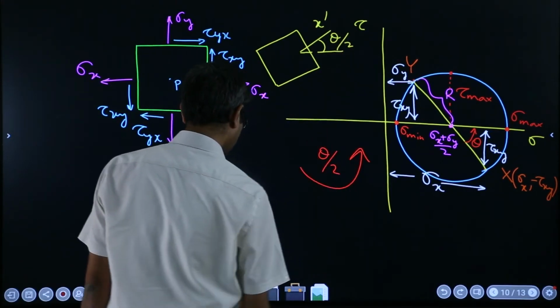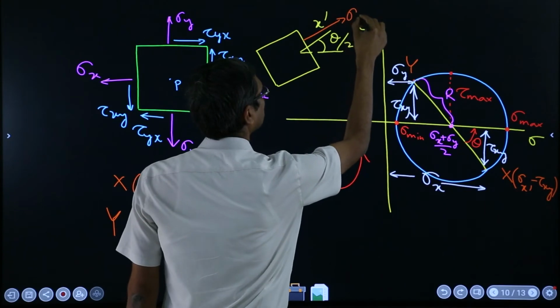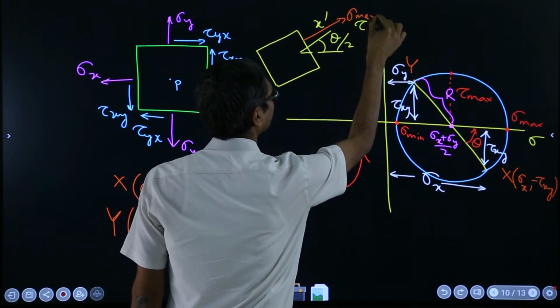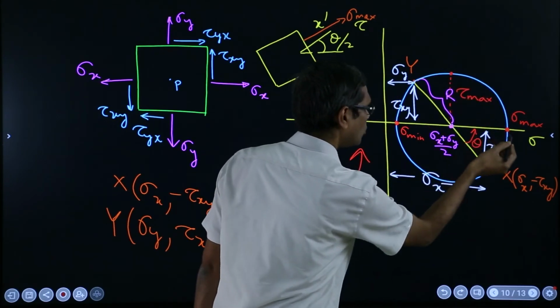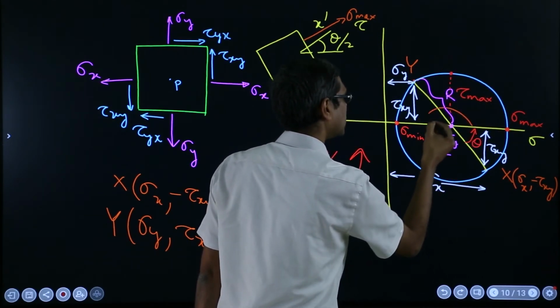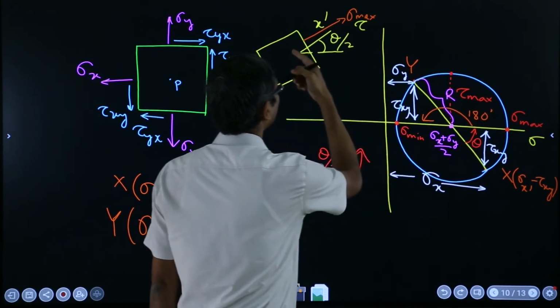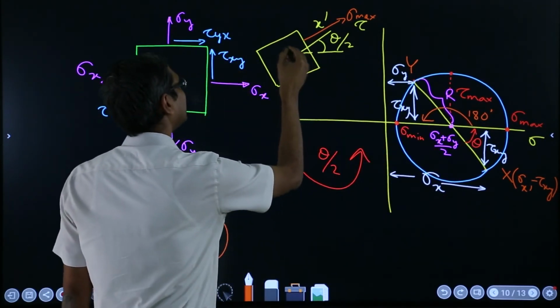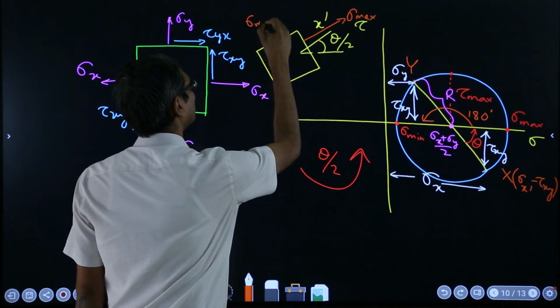I will get the maximum sigma. And then from here, if you go 180 degrees on the Mohr circle, that corresponds to 90 degrees on the physical element, and that brings you to this plane which will contain the sigma min.